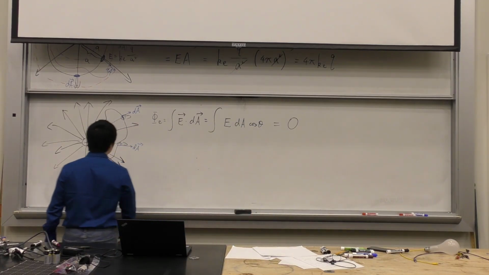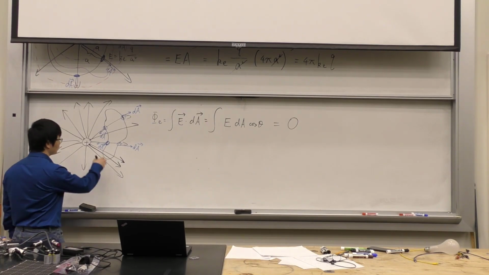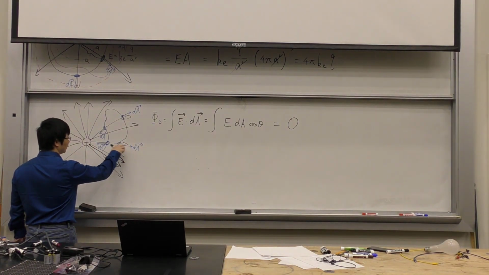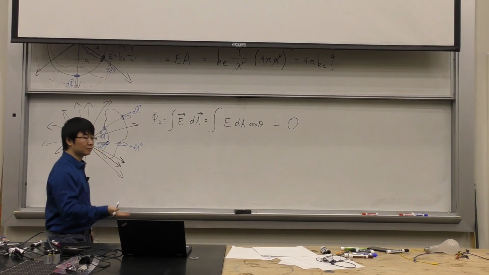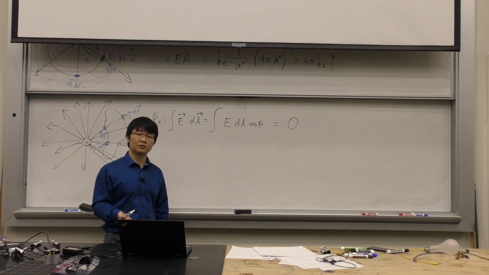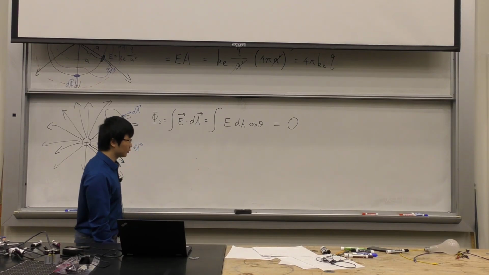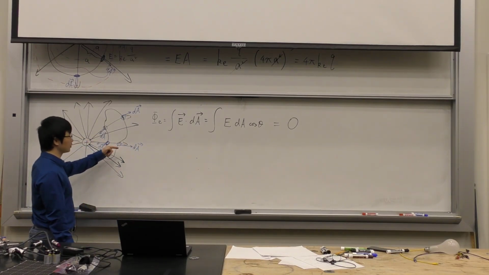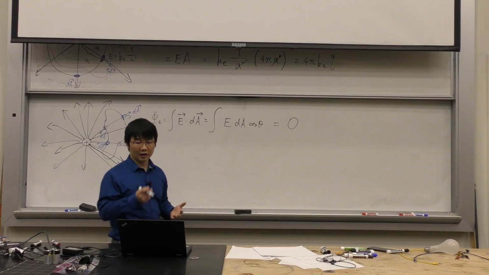So you can also use the number of lines to understand that. When this line enters and leaves, the contributions cancel out. So the net number of electric field lines passing through the surface is going to be 0, right? This is going to be negative, positive, negative, positive, so at the end you will get a 0.